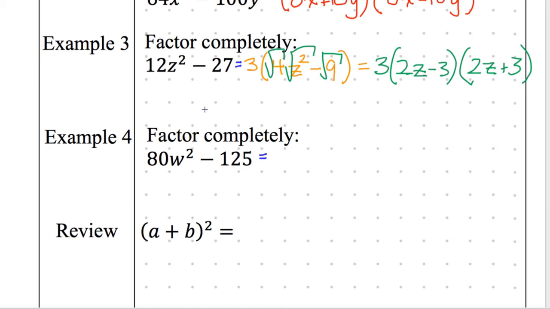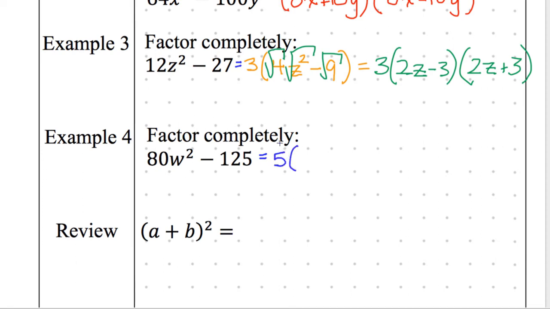Take a guess. You got this, Chris. I believe in you. Think about not the variable, just 80 and 125. What number goes into both of those numbers? 5. There it is. There's our greatest common factor, 5.